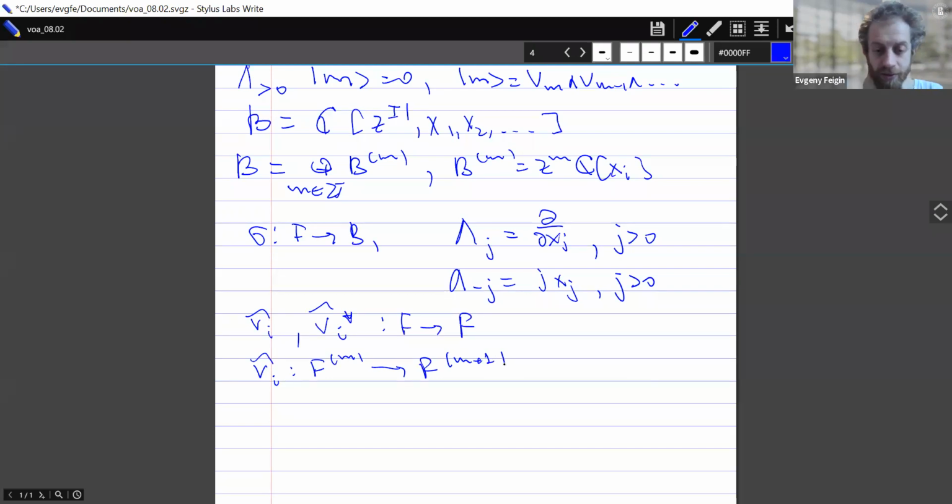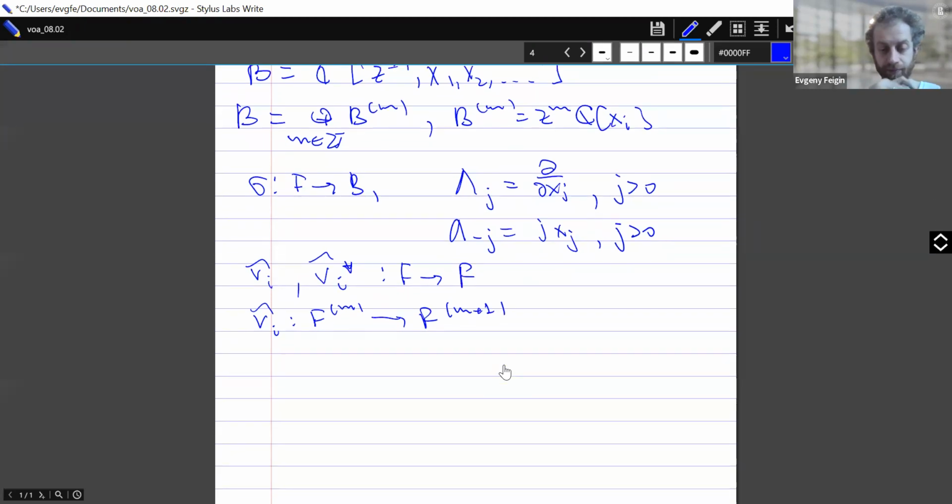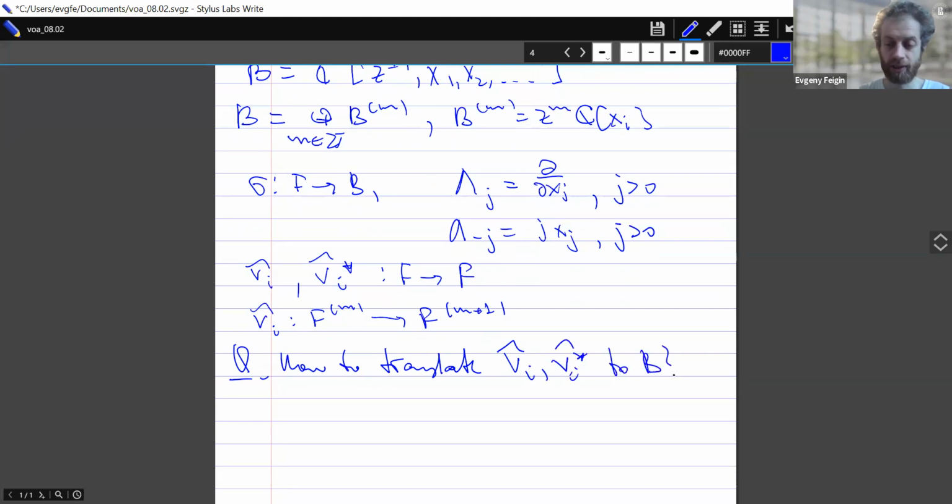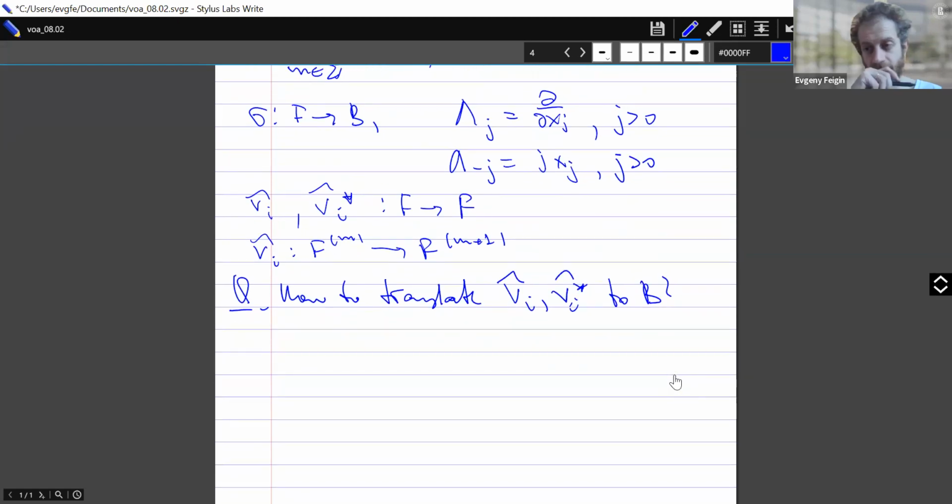And psi star hat vice versa. So the question is how to translate psi hat, psi star hat to B. So there's no good answer in this form.